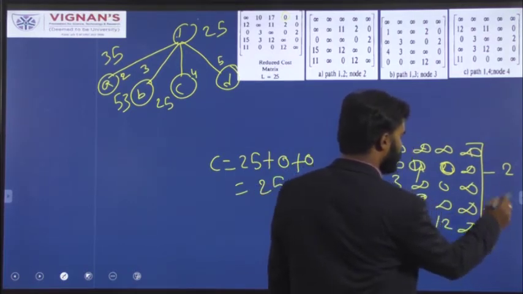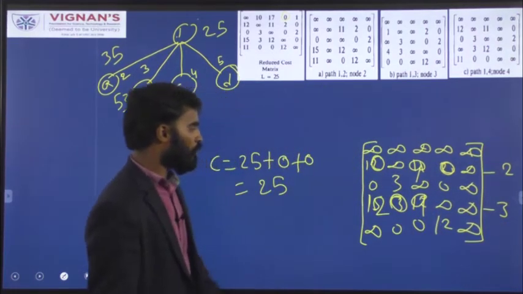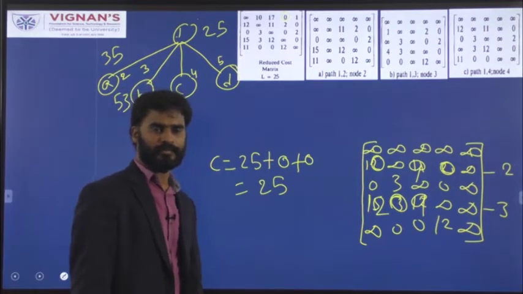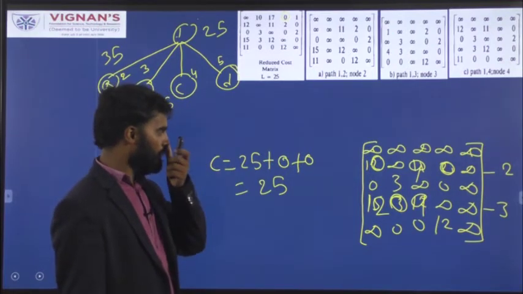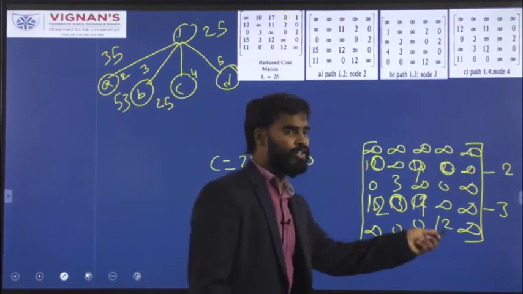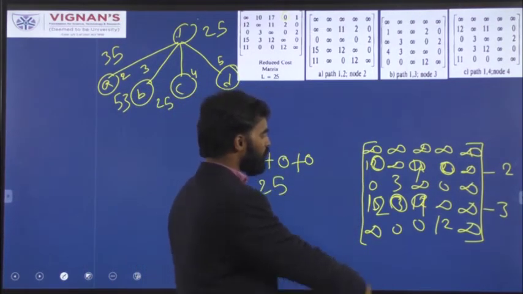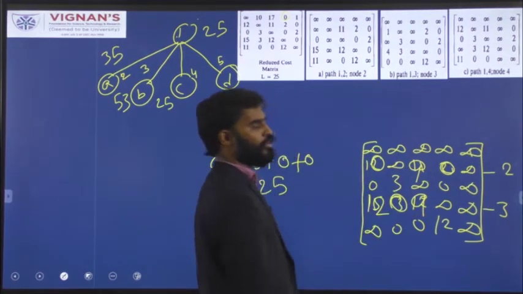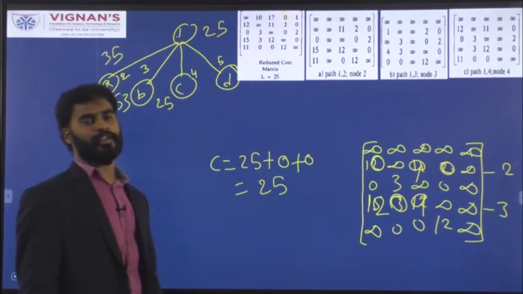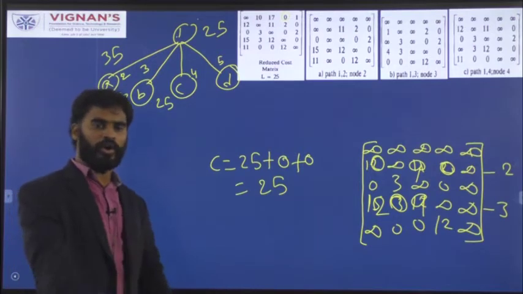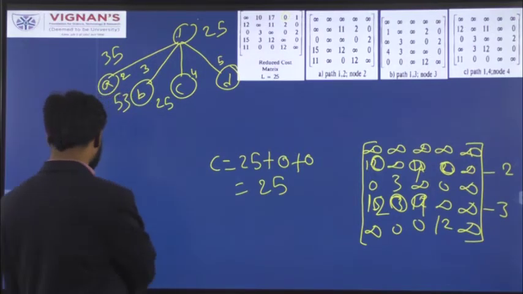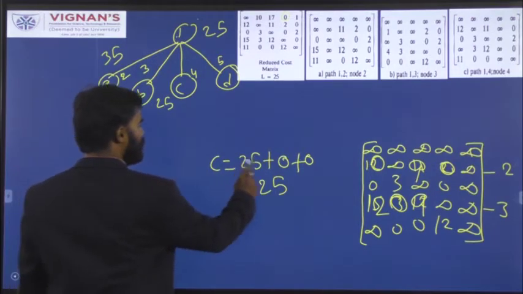The cost of reduction is 3. The fifth row is already reduced. So what about columns? The first column is having at least one 0, second one, third one, fourth one, fifth one. All the columns are having either at least one 0 or all infinities. So what is the cost for this one?